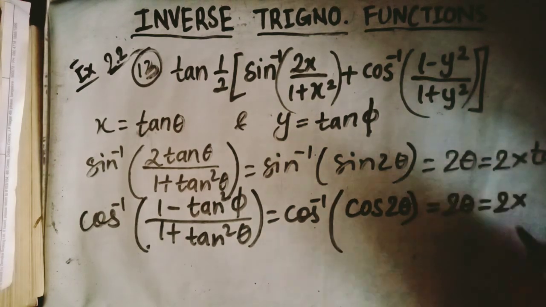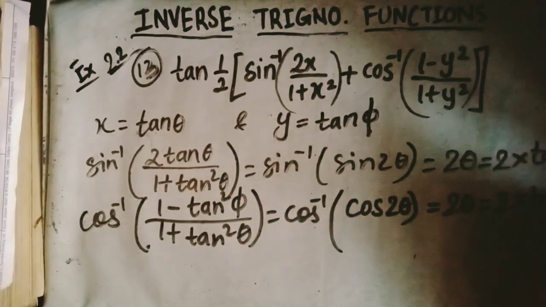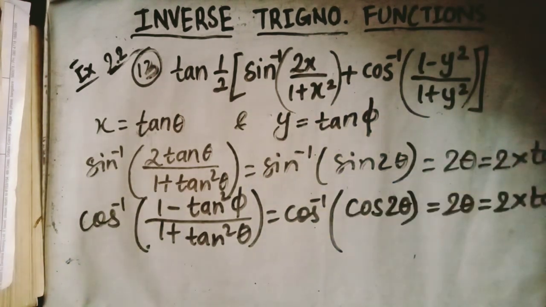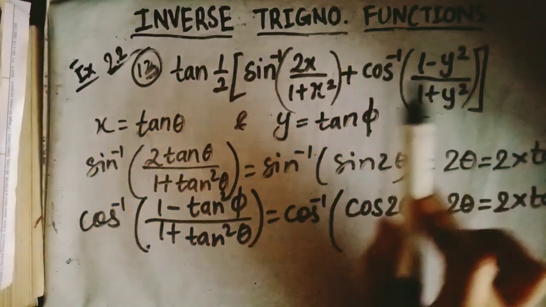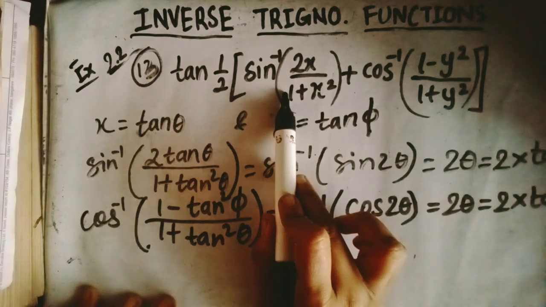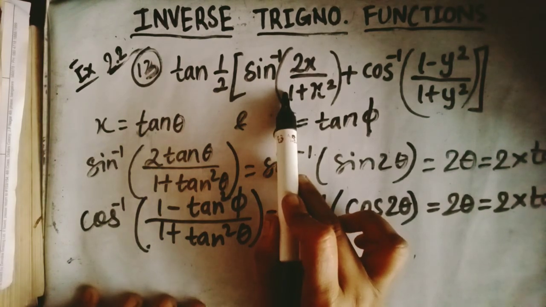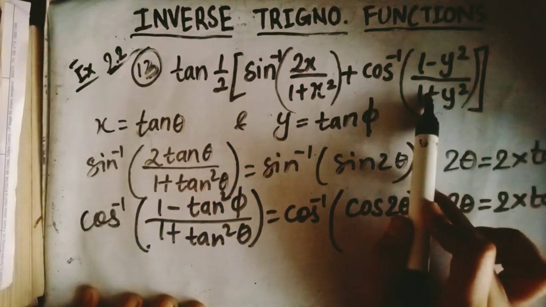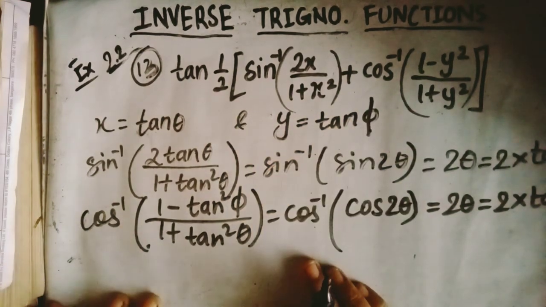So 2 into tan inverse of phi. Now substituting it in the original equation, in place of this you will get 2 tan inverse of x, and here it will be 2 tan inverse of y. Okay, I will write it here only.